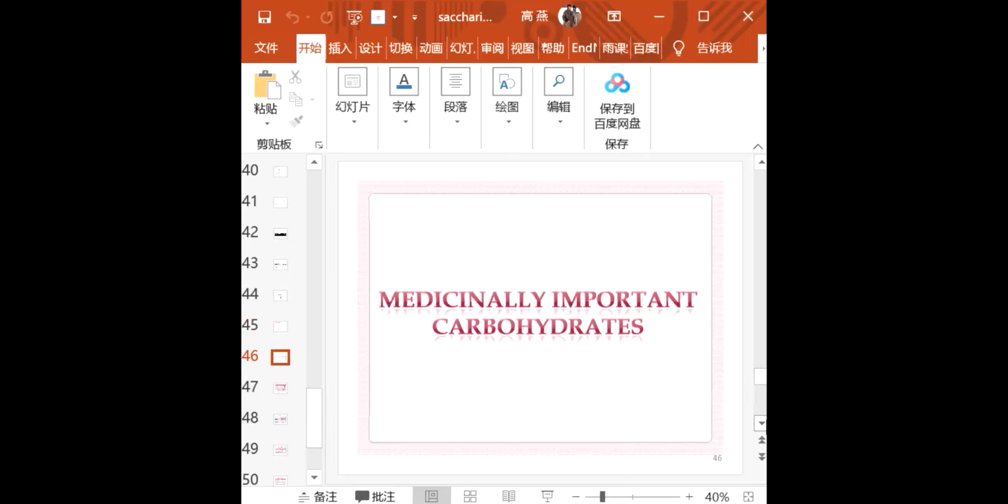Now we will discuss some medicinally important carbohydrates, most of them from plant source, but like we talked about in our previous lecture, it's not limited to plant source. In a broader sense, they can be from animal source or even microorganisms, from natural products, natural sources.